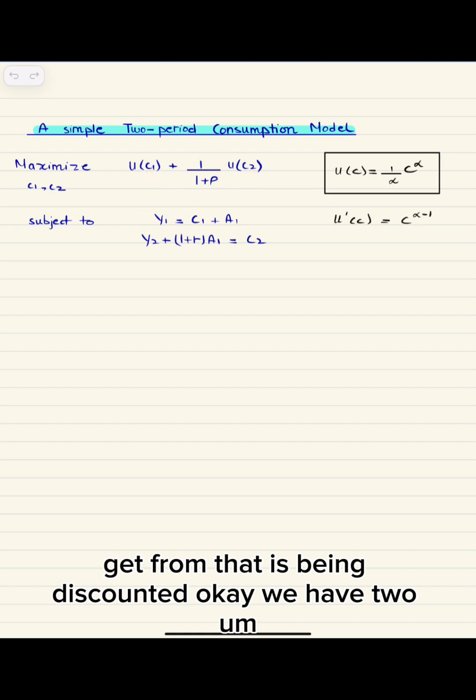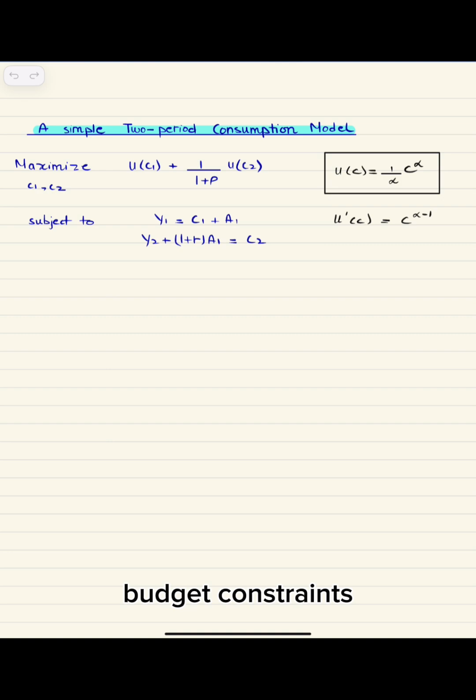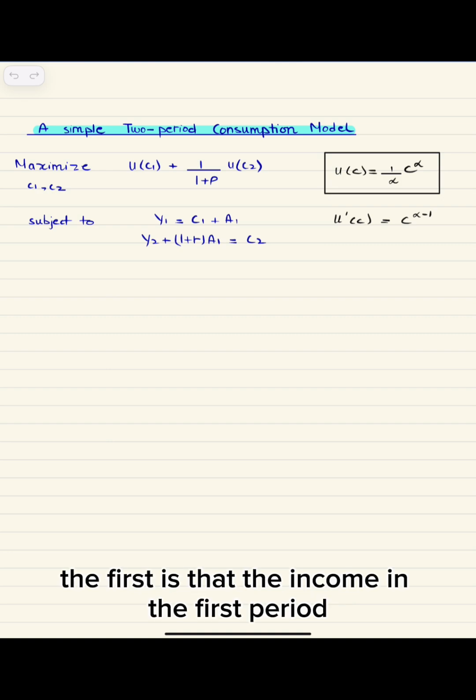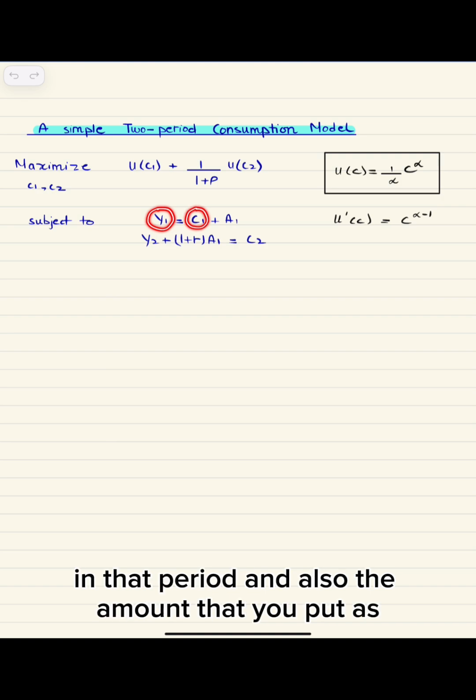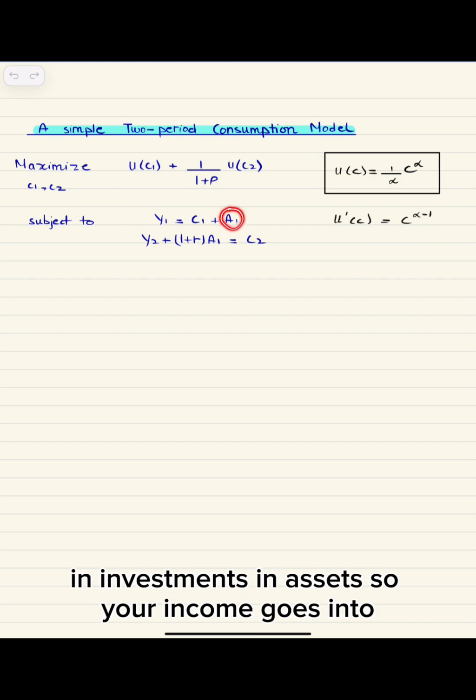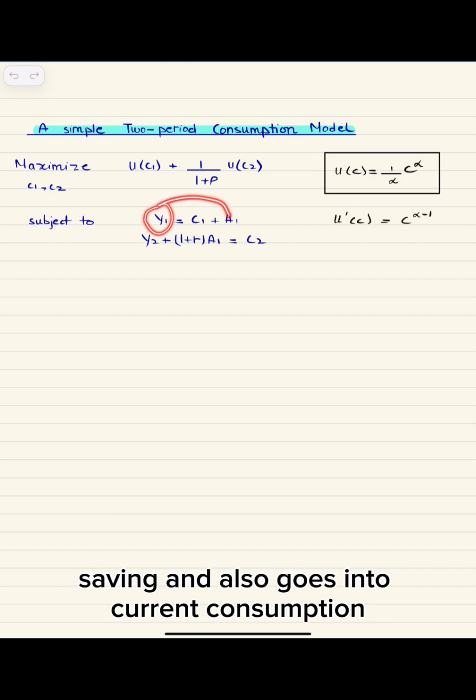Okay, we have two budget constraints. The first is that the income in the first period must equal the consumption in that period, and also the amount that you put in investments in assets. So your income goes into saving and also goes into current consumption.